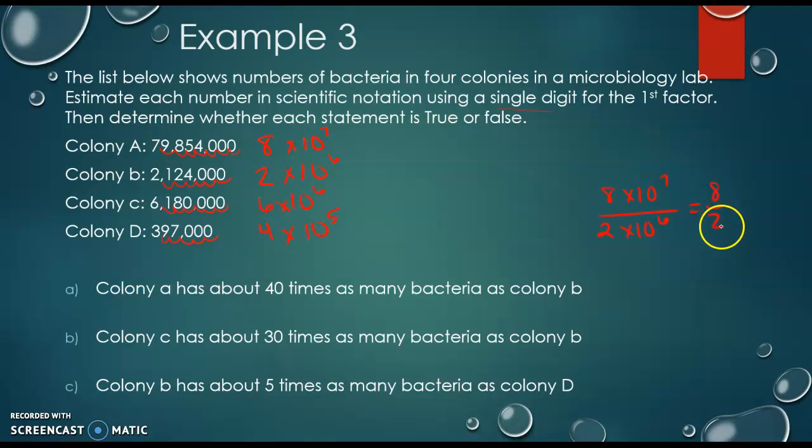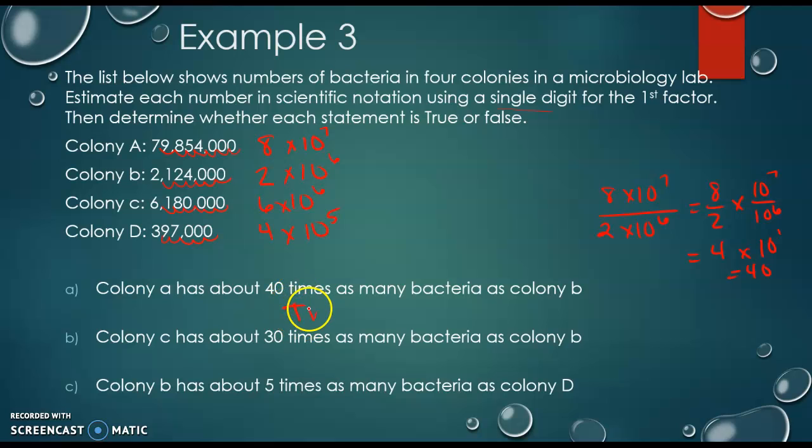I'm going to separate this as 8 divided by 2 times 10 to the 7th divided by 10 to the 6th. So 8 divided by 2 is 4. 7 minus 6 is 1, so we get 10 to the 1st power, which is 10. 4 times 10 is 40. So it is 40 times as many.